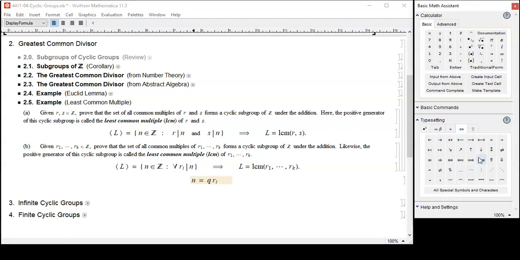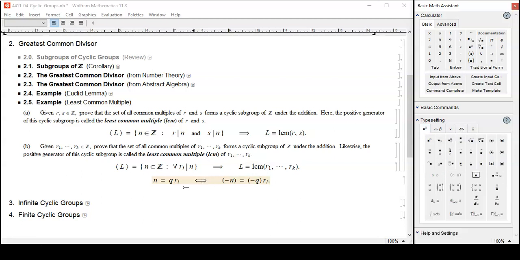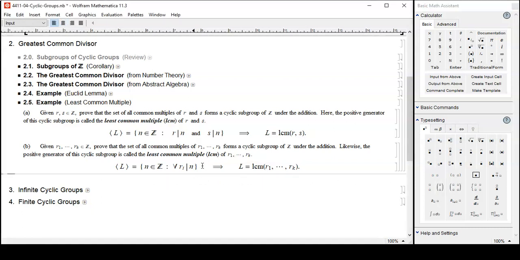Then all you have to do is this. So Ri divides n if and only if Ri divides negative n, you see. So second and third are easy.